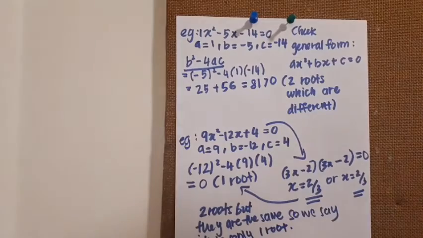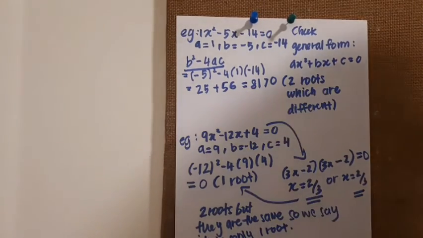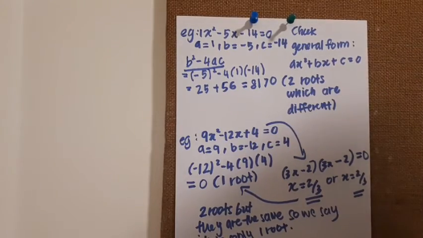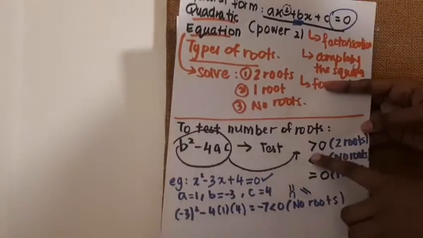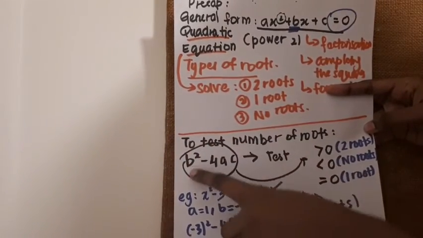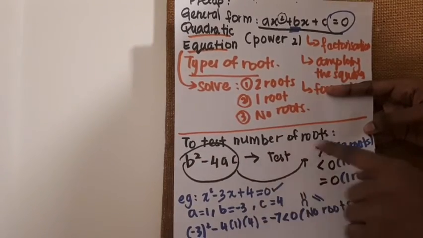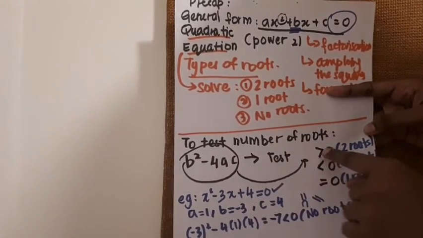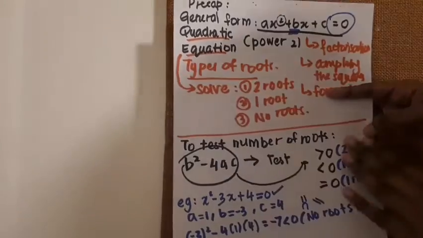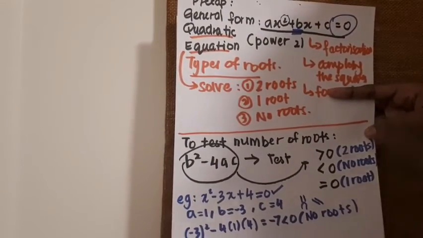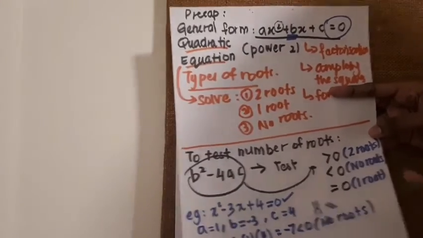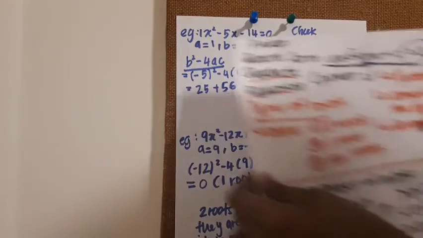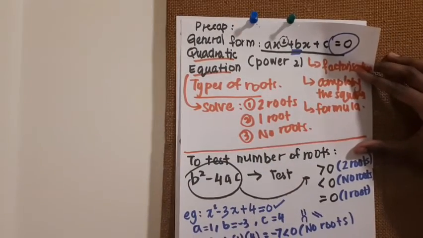So far we have seen three types of roots. If we use the formula b squared minus 4ac and this value is greater than 0, it means there are two different roots, which sometimes are called two different real roots. Why do some use the term real roots?